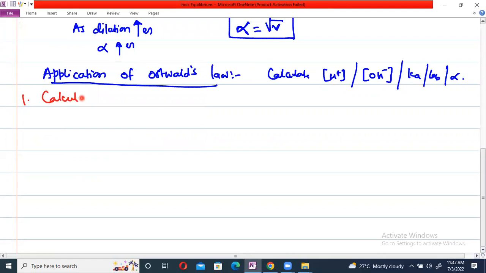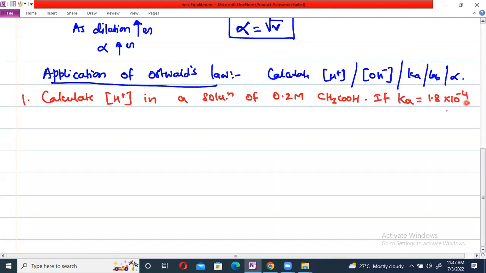Calculate the concentration of H plus ion in a solution of 0.2 molar acetic acid if the dissociation constant value K is given as 1.8 into 10 to the power of minus 4, and calculate alpha value.